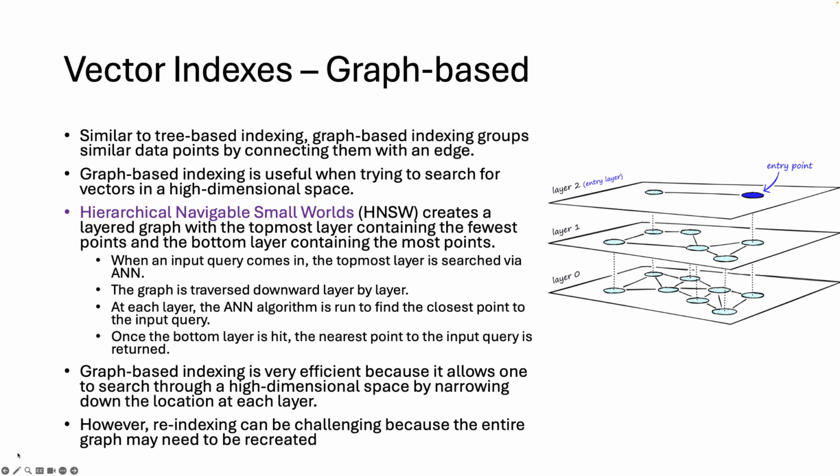As we go through, we look at an entry point, we find the appropriate next nodes, we find the layer for that, and from that we can go down through the layers. You might think this is similar to tree-based, but it's a different way of laying out the data. It's a really efficient way of searching through the data and reducing the number of data points you need to look at.